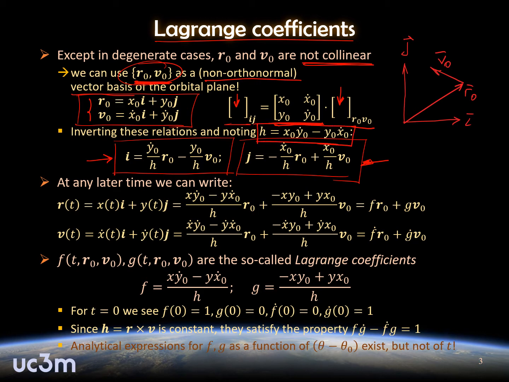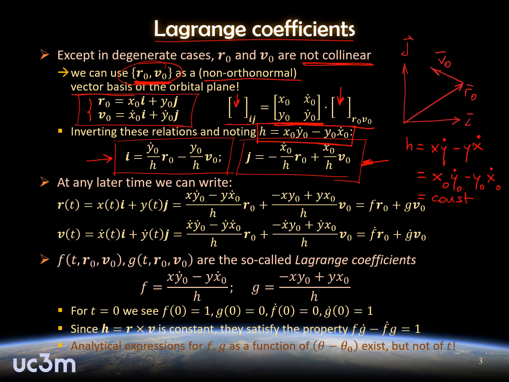Since h is the cross product between r and v at any time, it is also true at the initial time. So we can write it like this, which we will use later, and particularizing this expression at the initial time, we get what you have over there. Of course this is constant, and that's why we can write this expression at any time.